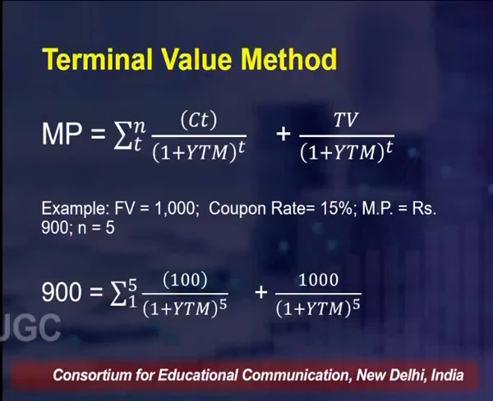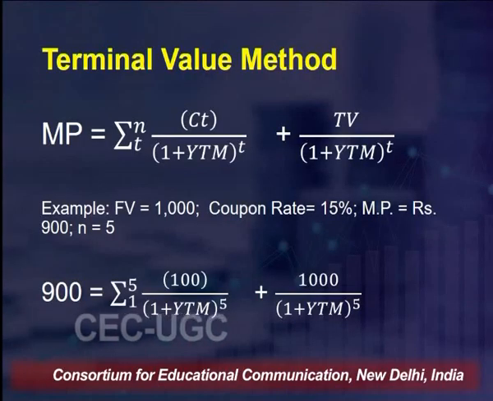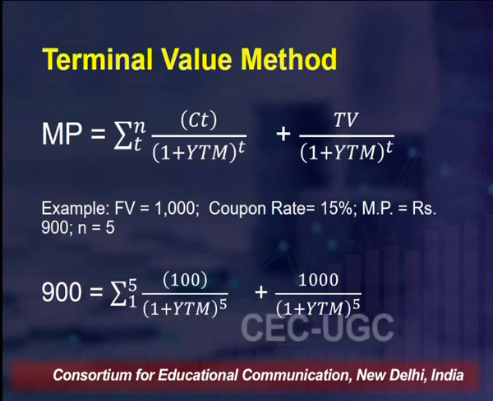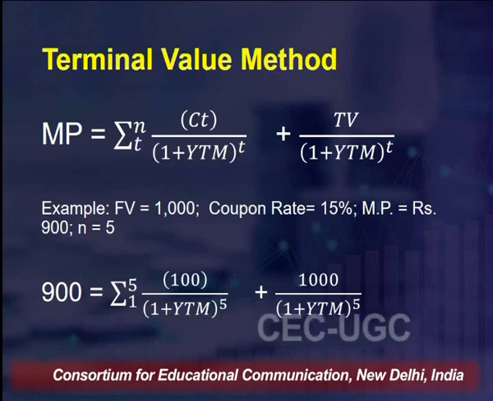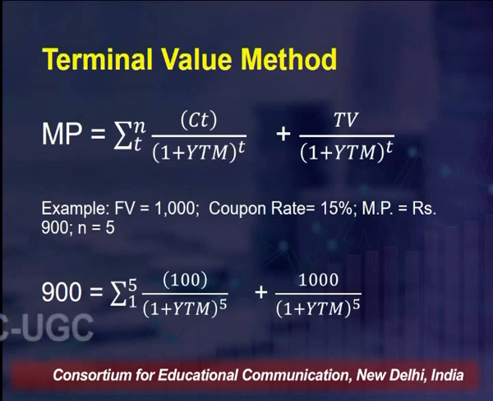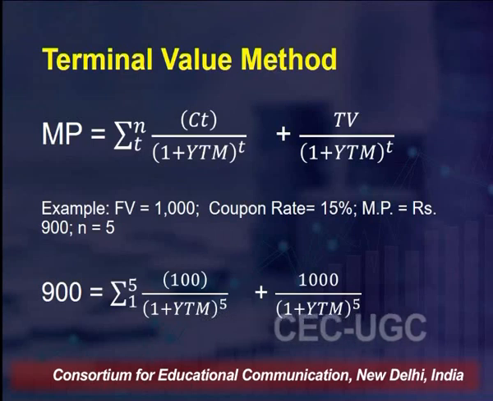So, a very interesting concept in time value of money is the internal rate of return, that is the return which you are getting on this particular bond. You can see on the screen that the formula says we can use the terminal value method to calculate our yield to maturity, where the market price is equal to sigma CT divided by 1 plus YTM raised to the power T. CT is your coupon, the cash inflow which you are getting, and YTM is the yield to maturity which we are trying to find out.